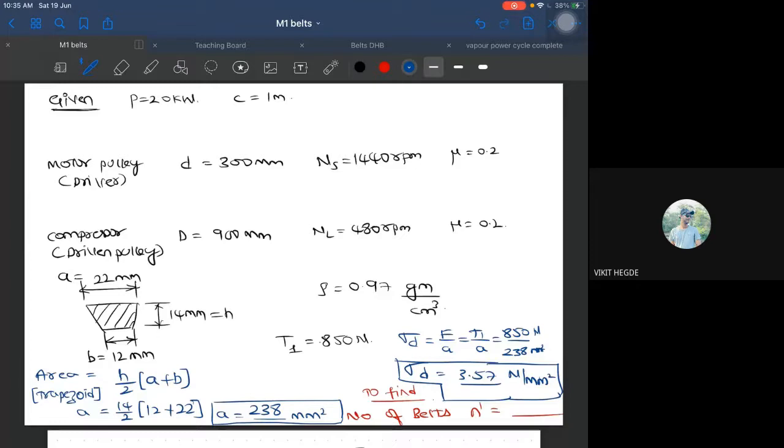Density, yes, exactly. So density is specified as 0.97 grams per centimeter cube. In what units am I expecting the density to be? Kg per meter cube.